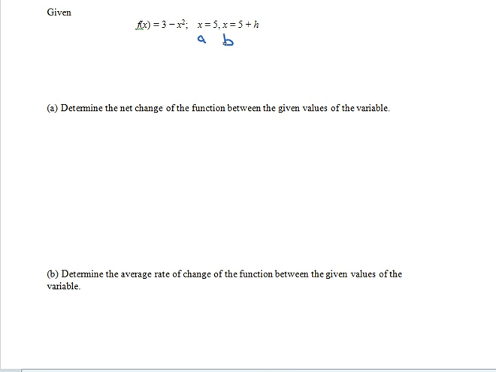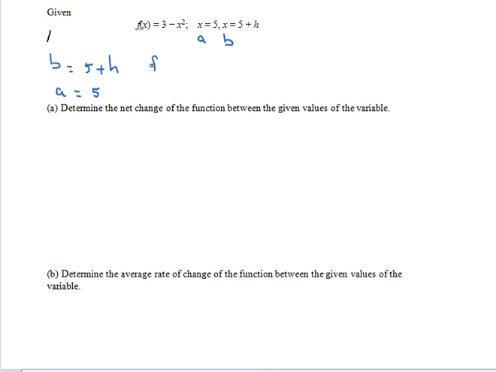We could call them x1 and x2, but just to avoid the subscripts, let's call them a and b. So in this case, b is 5 plus h, and a is 5.